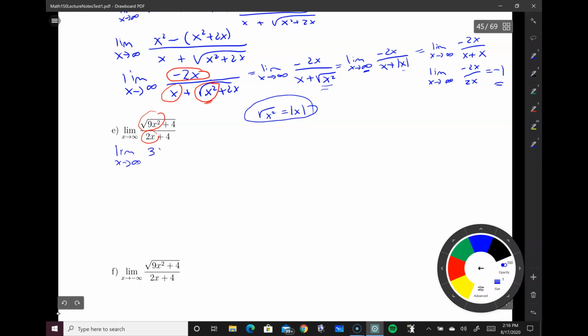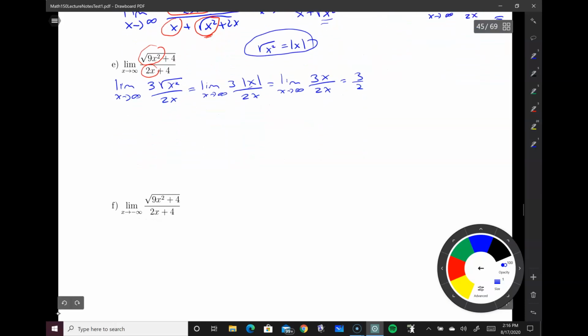Root 9 is 3, the square root of x squared over 2x. So I need you to show me the step that you're replacing the square root of x squared with the absolute value of x. Then I need you to show me the step, because you're showing me with mathematics, right? You're being mathematicians. If I'm taking the limit as x goes towards infinity, this will give me x. Cancel the x's, so I get 3 halves.